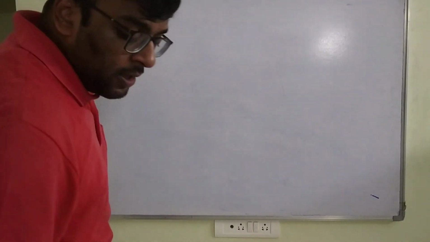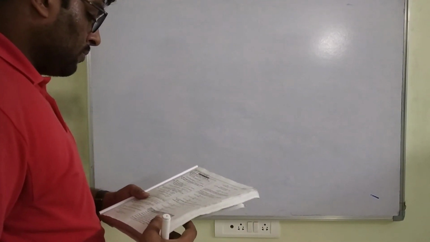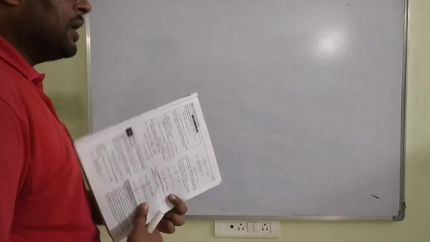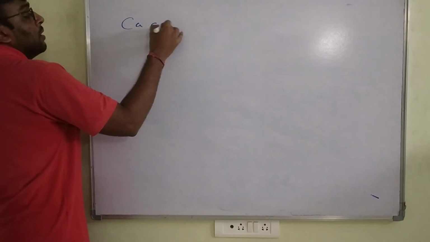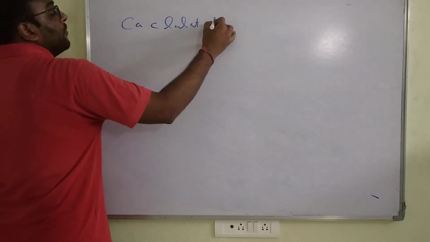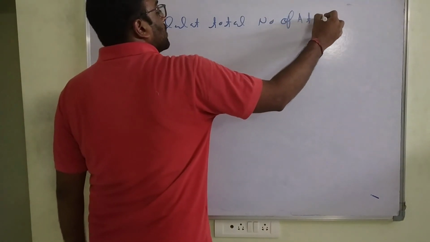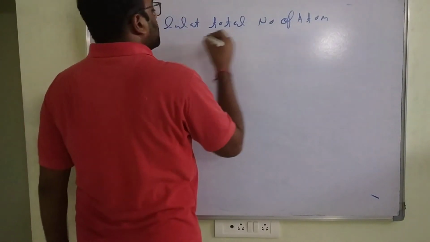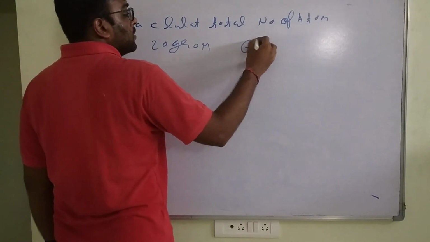So listen very carefully. Suppose I am giving an example. Calculate the total number of atoms in 20 gram of glucose.